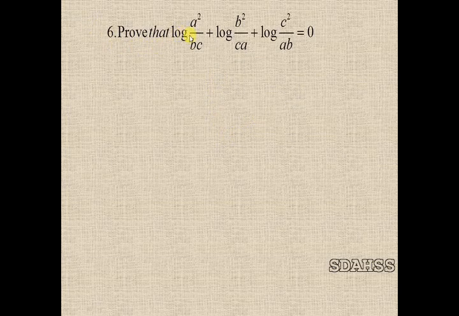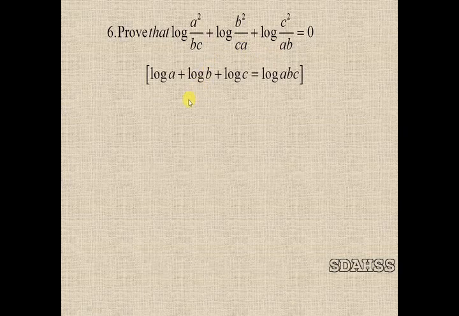Sixth sum. Prove that log of a square by bc plus log of b square by ca plus log of c square by ab is equal to 0. We know that log a plus log b plus log c is equal to log abc. Consider the LHS.